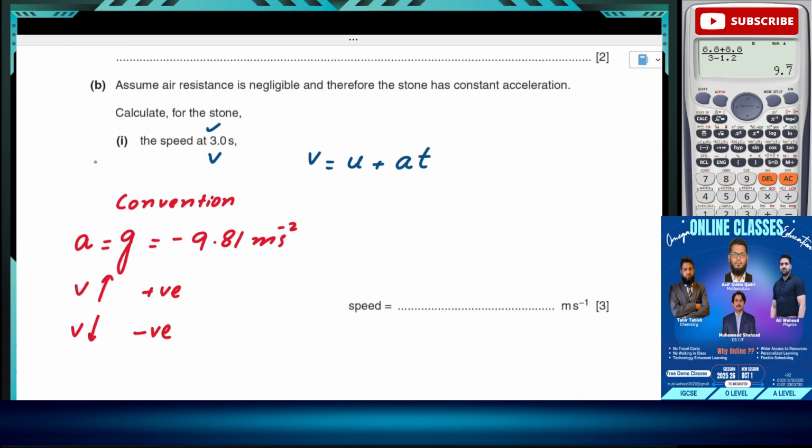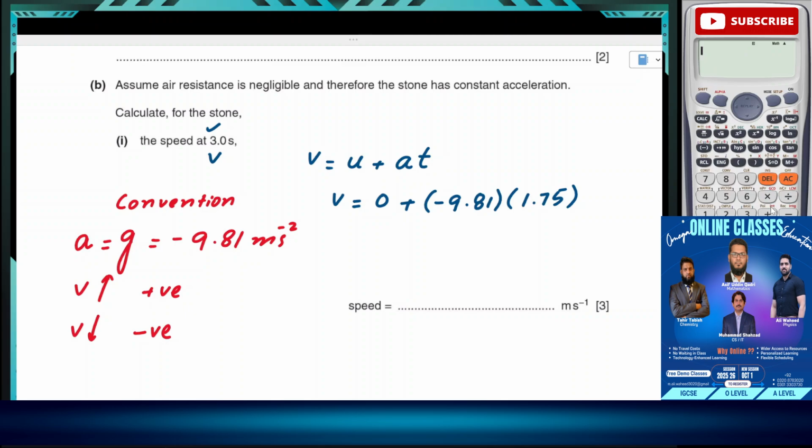Let's use this data. v equals 0 plus the value of a, which should always be negative according to the convention for equations of free fall. What was the time? 1.75. Let's write it on the calculator as it is, or you can ignore 0.